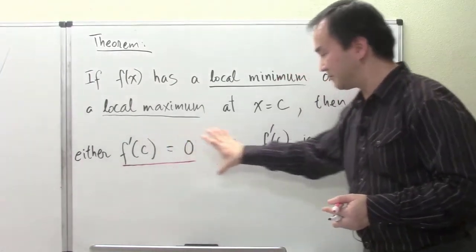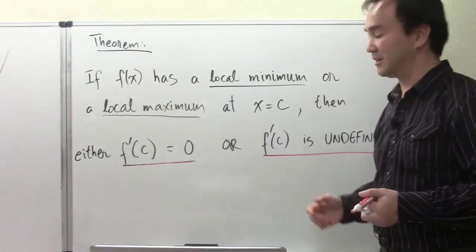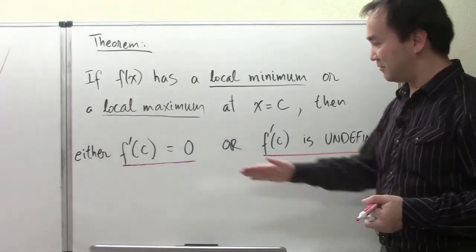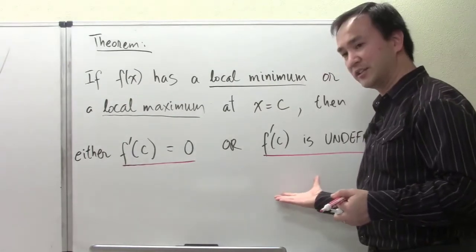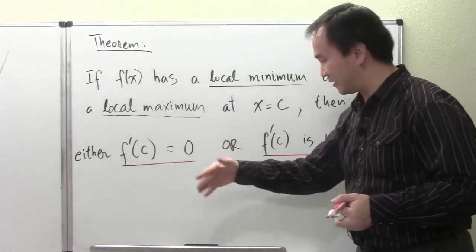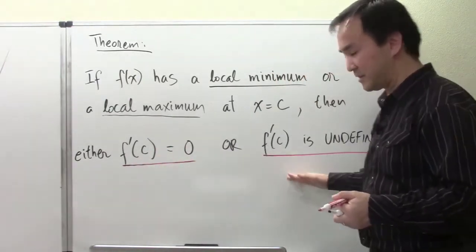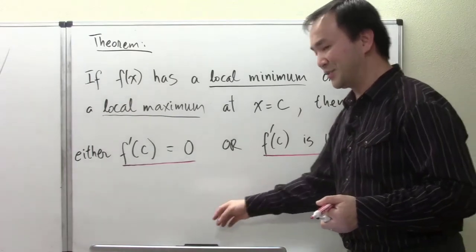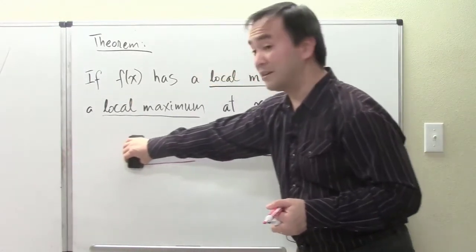This is actually the requirement for being a critical value. Immediately after writing this down, I triggered your attention that this is the requirement based on the definition of what a critical value is. Either one of these is a requirement of being a critical value. And so all of a sudden we realize that this theorem can be written in a better form.